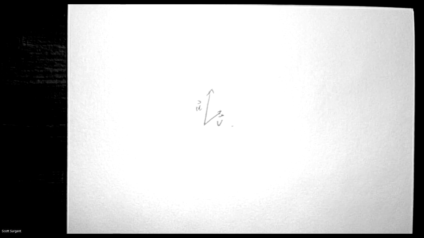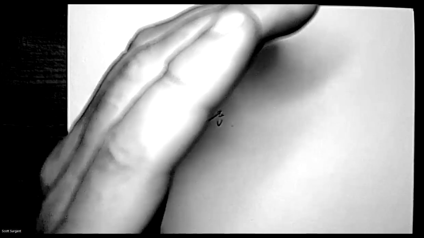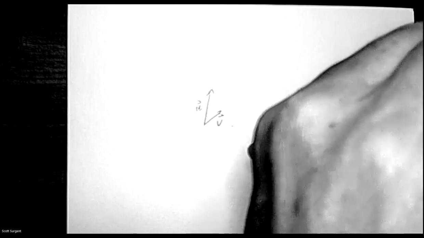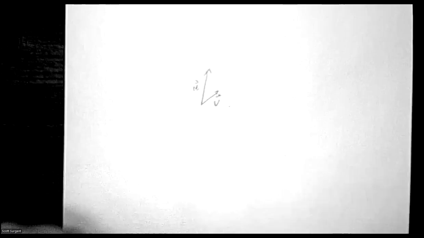I'm going to bring in my hand here. I need to actually curl the fingers on my right hand from U to V. And to do that, I have to turn my hand over, so my thumb is actually pointing down. U cross V would be pointing into the paper.